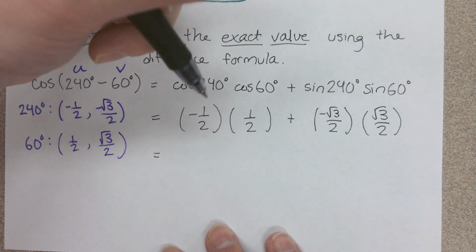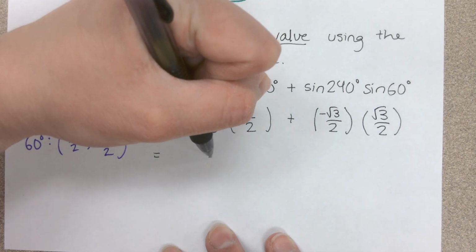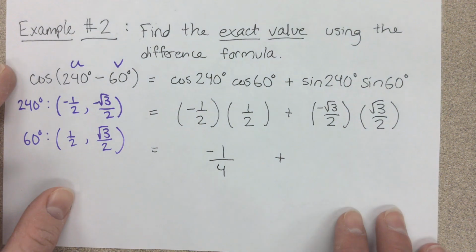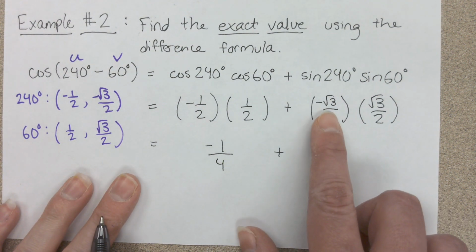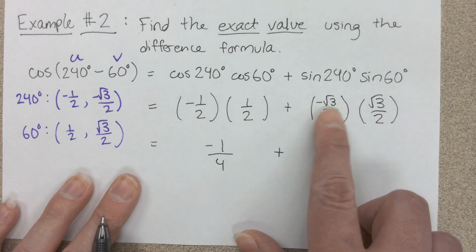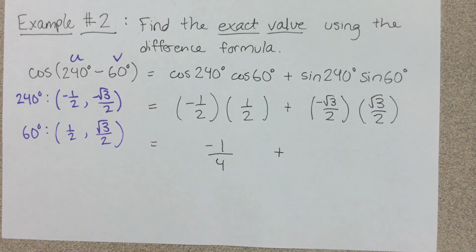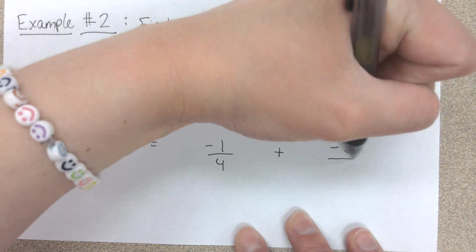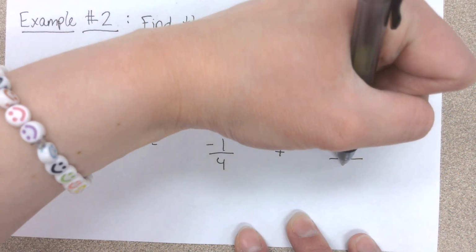Multiply straight across. -1/2 times +1/2 is -1/4. Plus negative rad 3 times rad 3. When you multiply a square root by itself, the square root basically disappears. So that'll just become negative 3 over 2 times 2, which is 4.